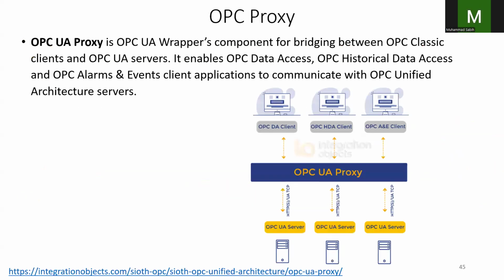Right. So let's talk about the OPC UA proxy we discussed, which plays a critical role in bridging the industrial communication system. Basically, the OPC UA proxy is a component of the OPC UA wrapper, and it acts as a bridge between the classic and the new UA, or modern OPC.